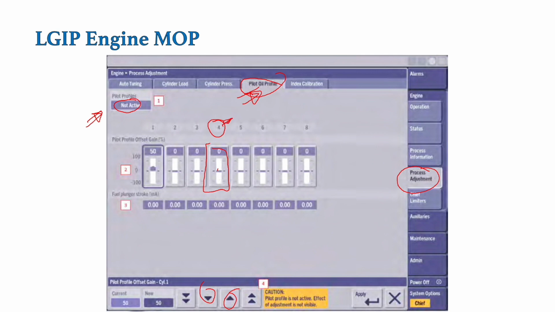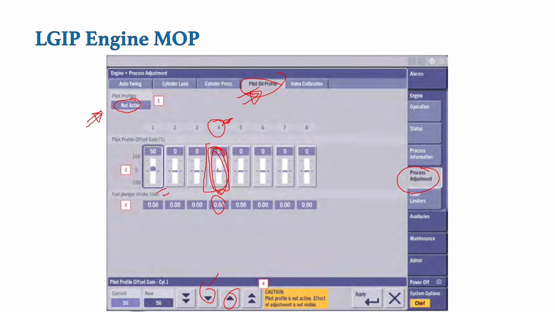So we can come onto this screen, and with the help of this screen we can increase or decrease the pilot profile for the proper combustion of the LPG in the combustion chamber of these LGIP engines. Suppose we have increased the pilot profile of a particular unit, we can monitor it with the help of the fuel plunger stroke.